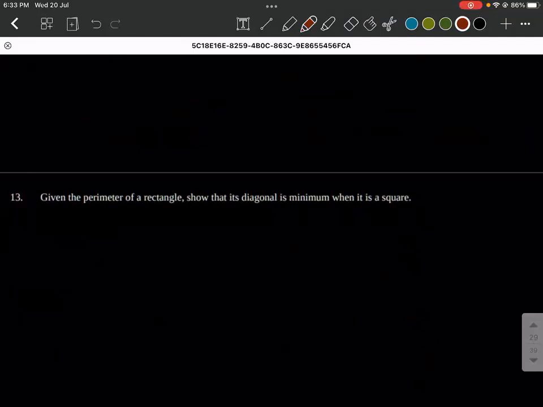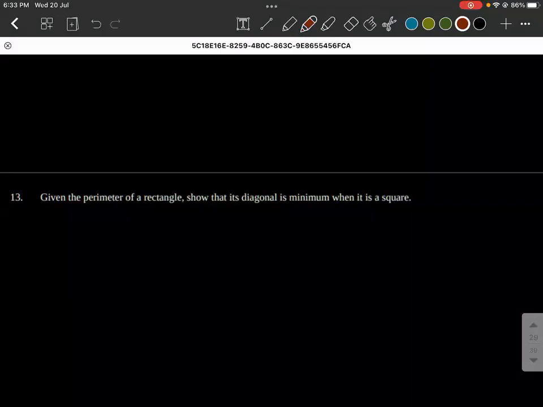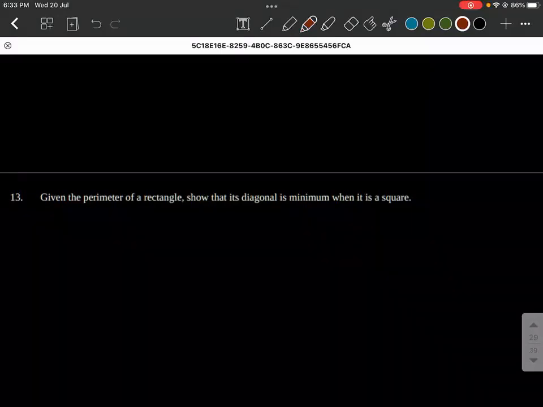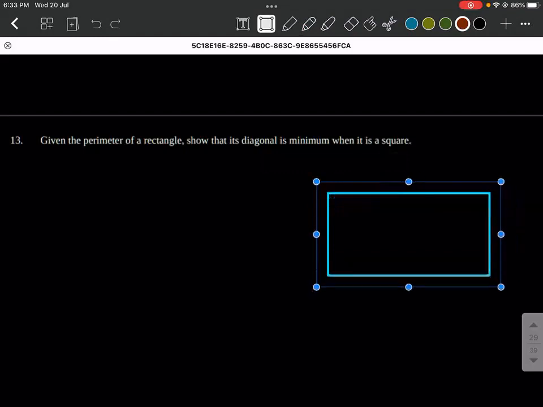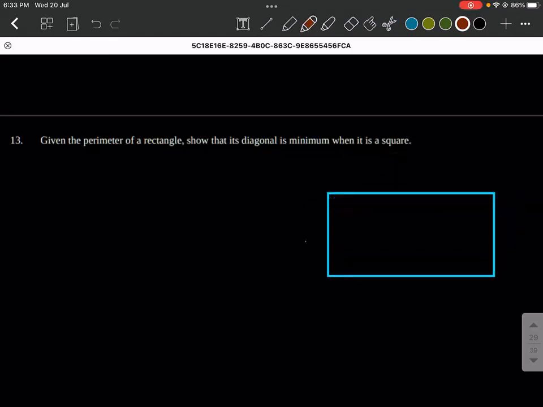So 13th one: given the perimeter of a rectangle, show that the diagonal is minimum when it is a square. So they are given the perimeter. If you take a rectangle like this, if this is A, this is B, then diagonal is root of A square plus B square.